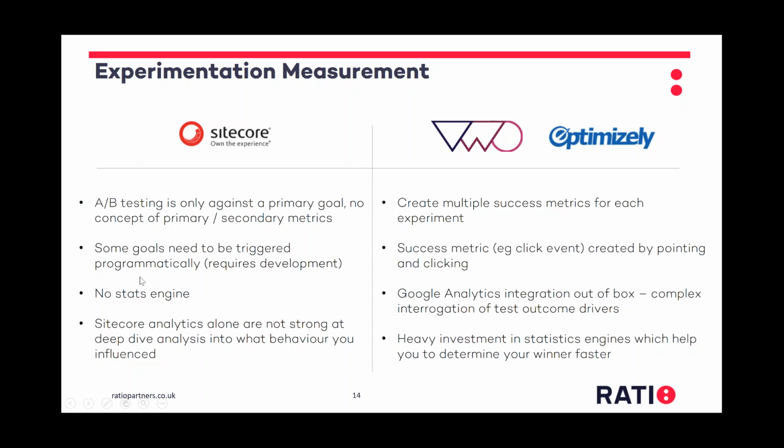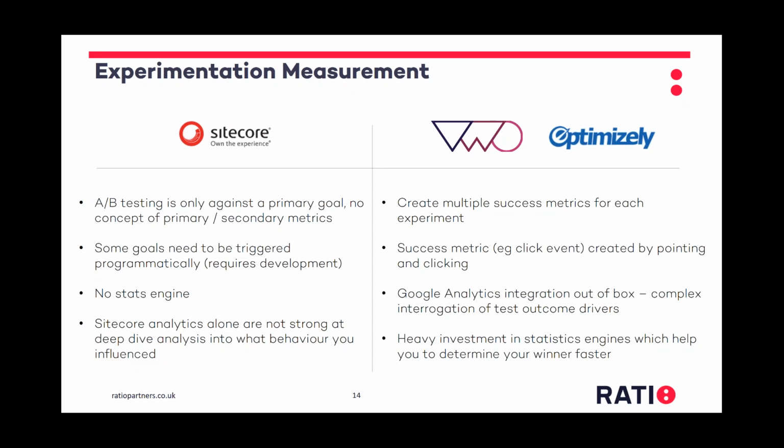Some goals, in the case of Sitecore, need to be triggered programmatically. So if there's a particular interaction within the page that you're wanting to increase, and you're wanting to increase the number of users that are doing that interaction, it may be the case that you need to get a developer to trigger a goal off the back of the interaction.